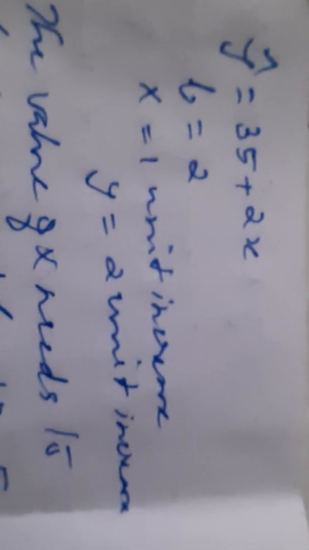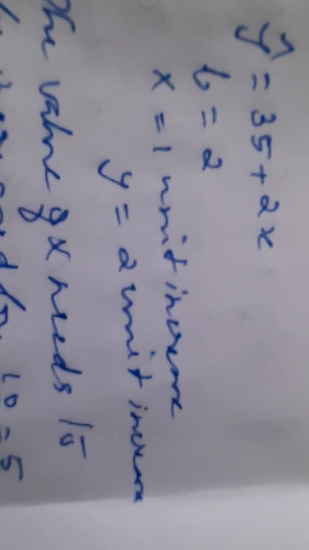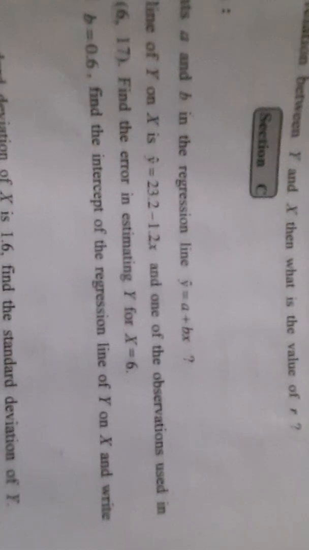That is a proportion, and therefore, if the value of y is to be increased by 10 units, how many units should be increased in the value of x? So if the value of y is 10, what is the value of x?